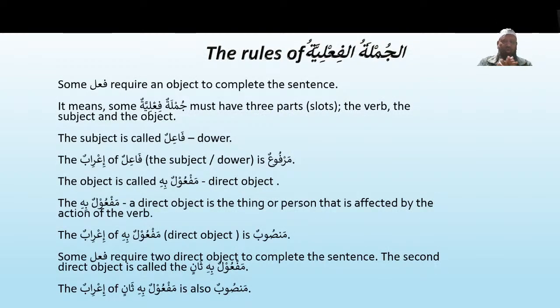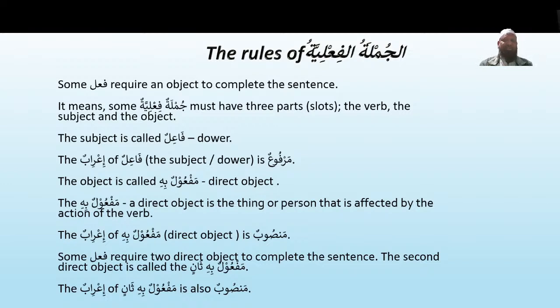Let's go through the rules of al-jumlatul fi'liya, what we have learned so far. We've learned that some fi'l require an object to complete the sentence. It means some jumlatun fi'liyatun must have 3 parts: the verb, the subject, and the object. The subject is called the fa'il, and the i'rab of fa'il is marfu'.